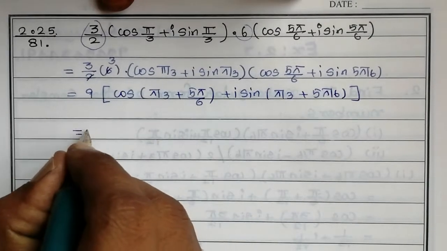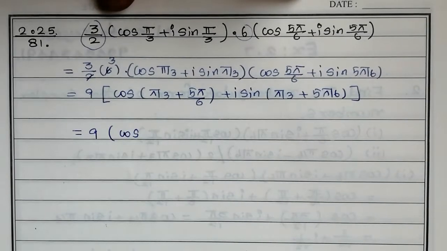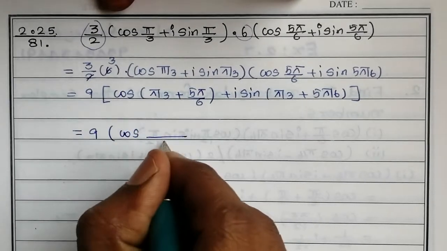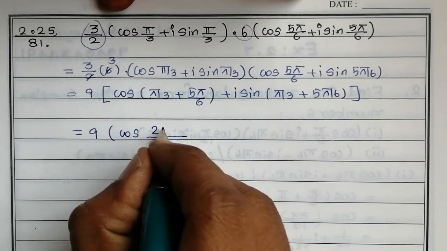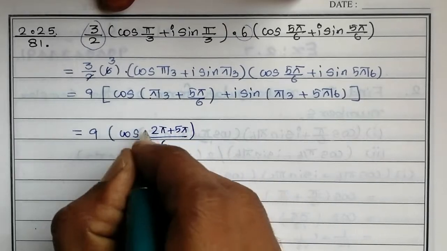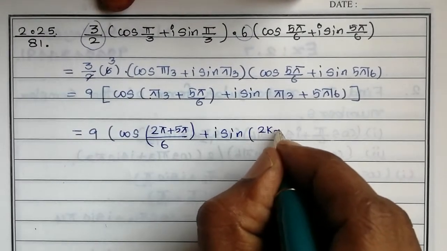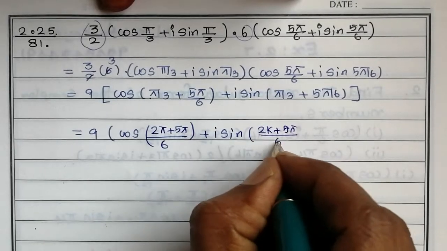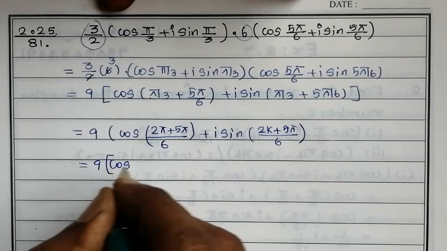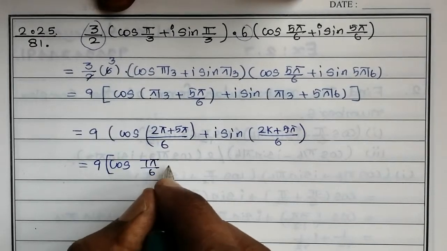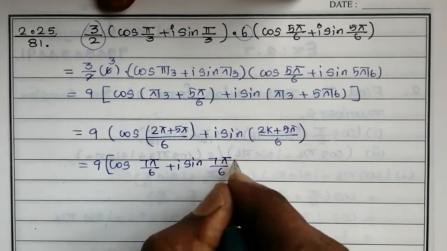Now 9 into cos of, the LCM is 6, so 2 pi plus 5 pi, plus I into sin of 2 pi plus 5 pi by 6, that is 9 into cos of 7 pi by 6 plus I into sin of 7 pi by 6.